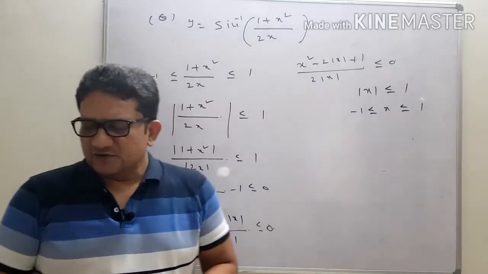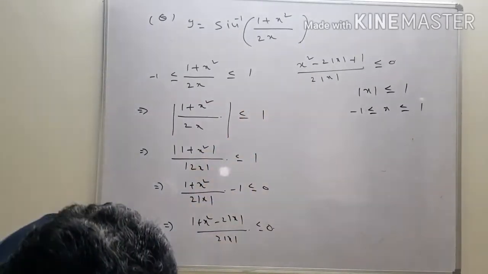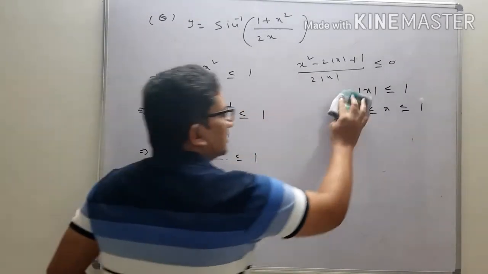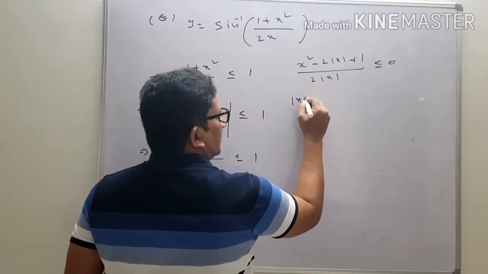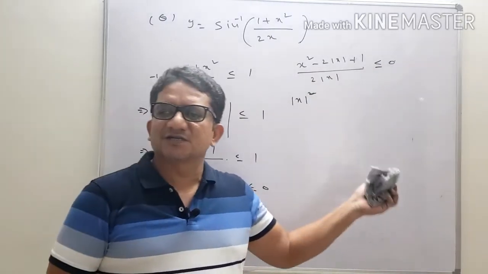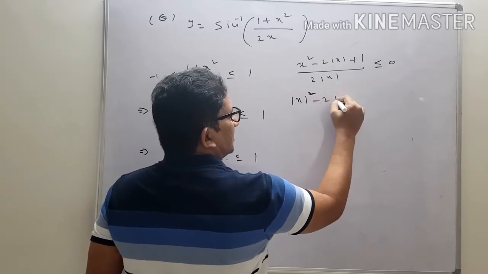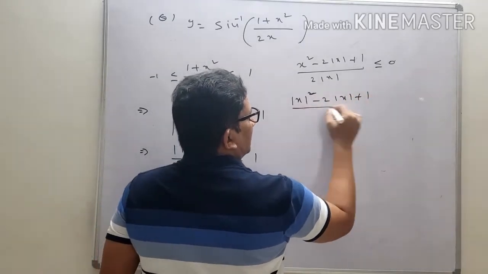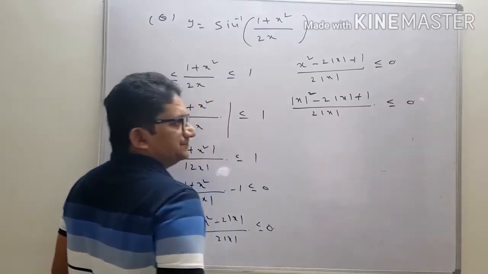Now the numerator is x square minus 2 mod x plus 1. There x square can be treated as modulus of x square, which gives the same sense. So modulus of x square minus 2 mod x plus 1 divided by 2 modulus of x is less than or equal to 0.